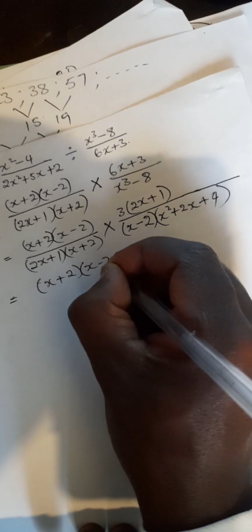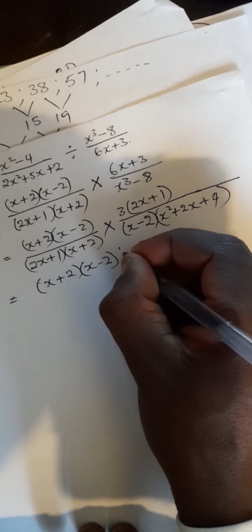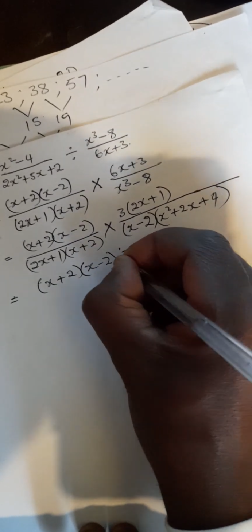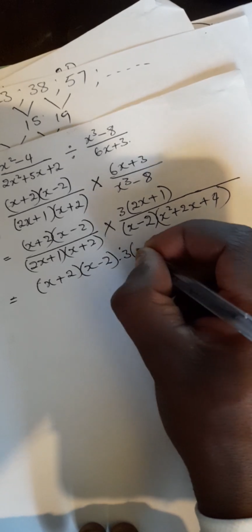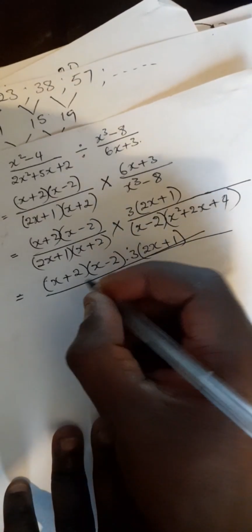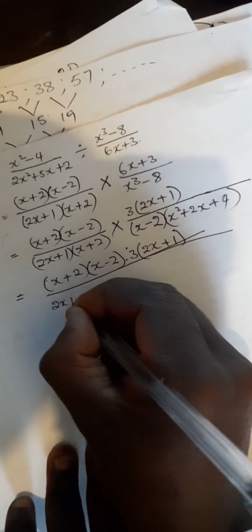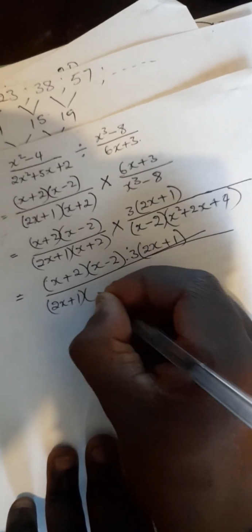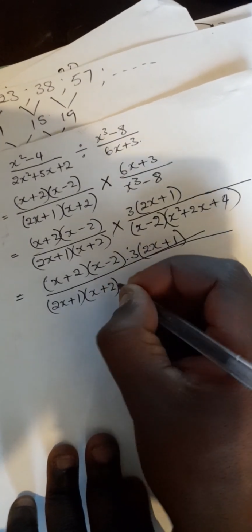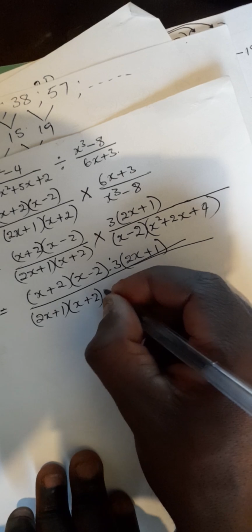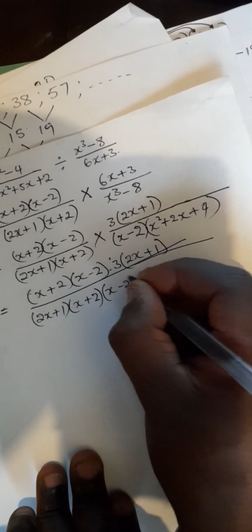This is x plus 2, x minus 2 times 3 into 2x plus 1, okay, we have x minus 2.